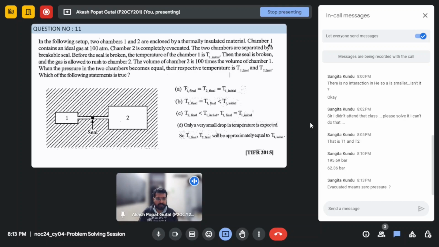This is just a conceptual question. Evacuated means there is total vacuum inside. There is nothing in chamber 2 initially. Really, it's a really nice question in terms of concept. If you know it, the answer is quick.